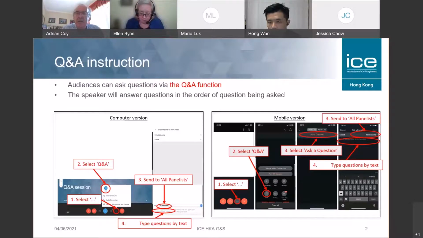What information needs to be included in the exam application email, Ellen? That's another question. We're just asking for candidates who are ICE graduate members, and this is only open at the moment to ICE graduate members, which answers one of the questions in the chat line, because we'll have your details online.